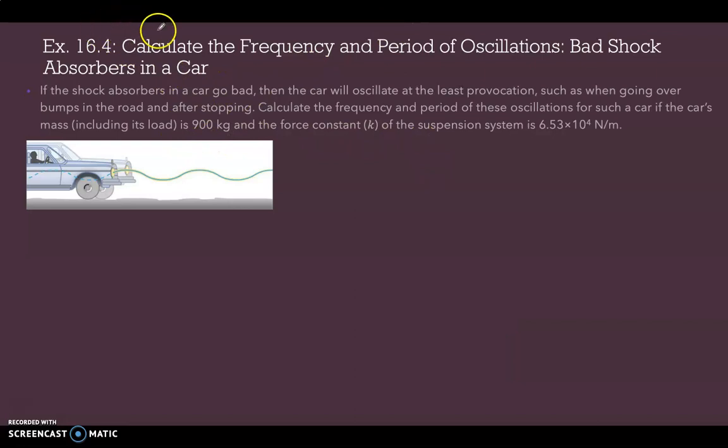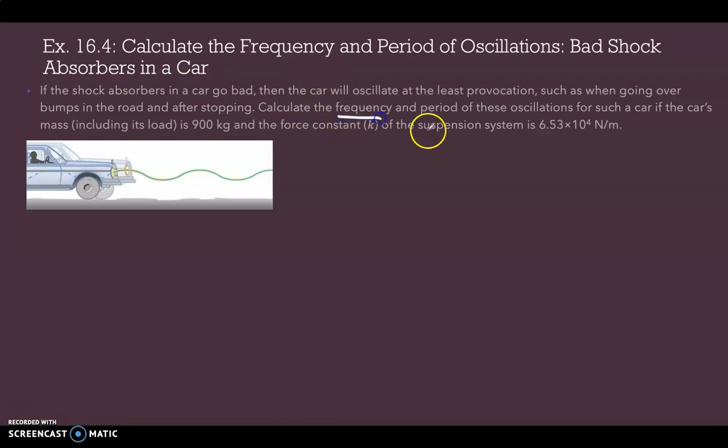So in this example, 16.4, we want to calculate the frequency and period of these oscillations in a car. The question states, if the shock absorbers in a car go bad, then the car will oscillate at the least provocation, such as when going over bumps in the road and after stopping.